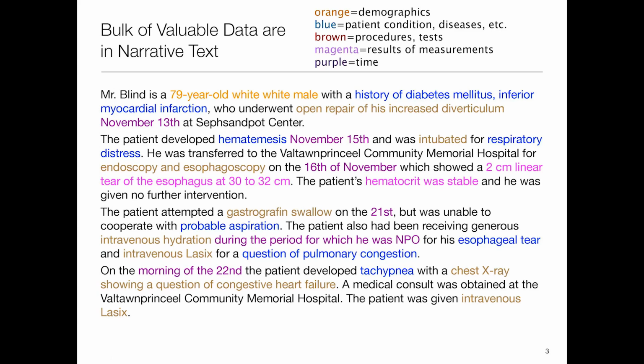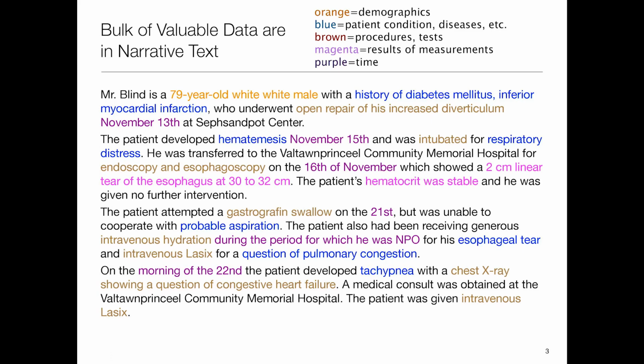So if you look at something like this, you see that Mr. Blind is a 79-year-old white male with a history of diabetes mellitus, inferior MI, who underwent open repair of his diverticulum on November 13th at some medical center.